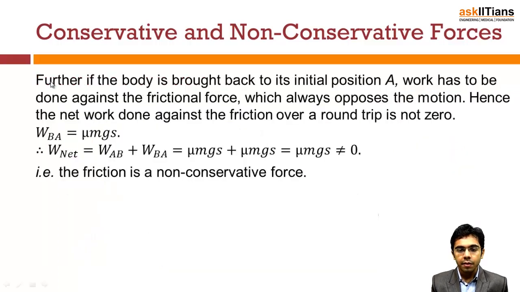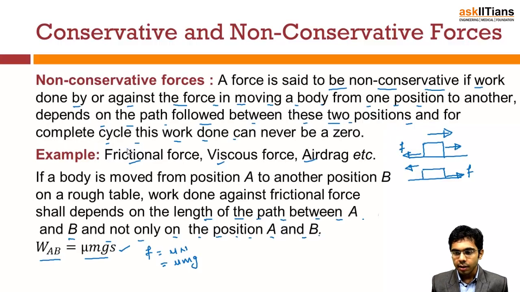Now further, if the body is brought back to the initial position, work has to be done against the frictional force, which always opposes the motion. Hence the net work done against friction over a round trip is not zero. We have discussed this in the block and friction topic. I have shown you here that friction will automatically change its direction.